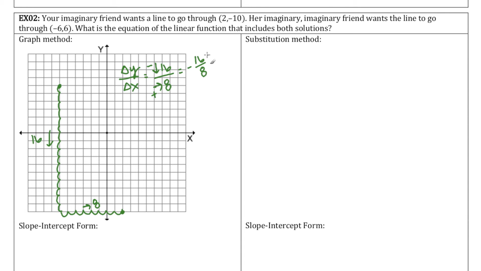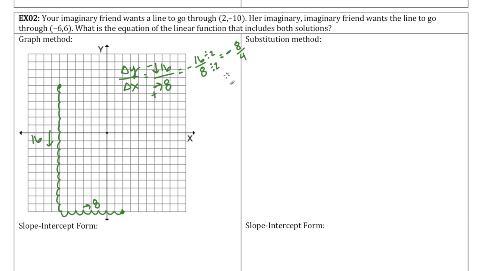I can divide by 2, and I get negative 8 over 4. And 8 divided by 4 is just 2.